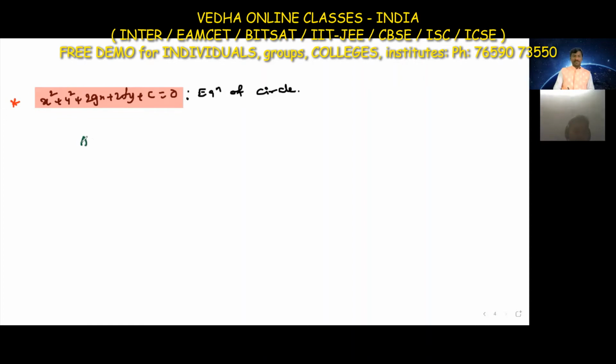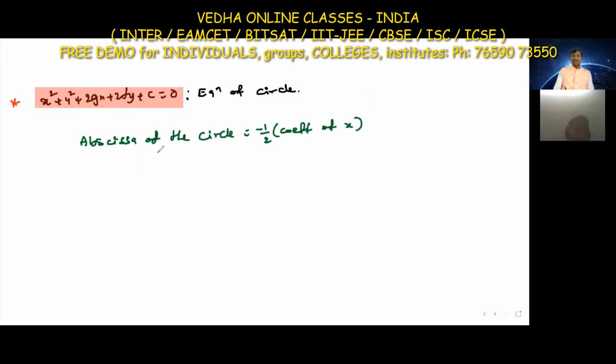The abscissa of the center of the circle is equal to minus 1 by 2 into the coefficient of x, that is, the coefficient divided by 2 with a minus sign. So directly we can find the coordinates of the center of the circle.